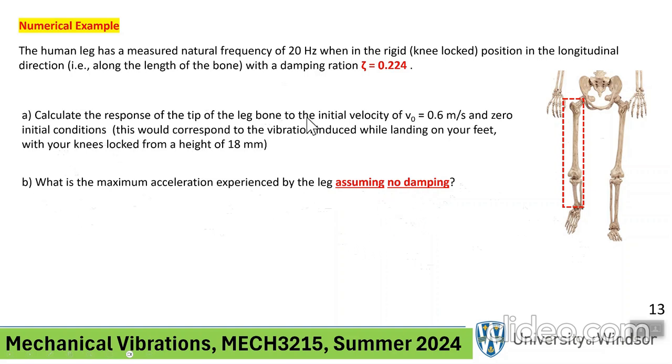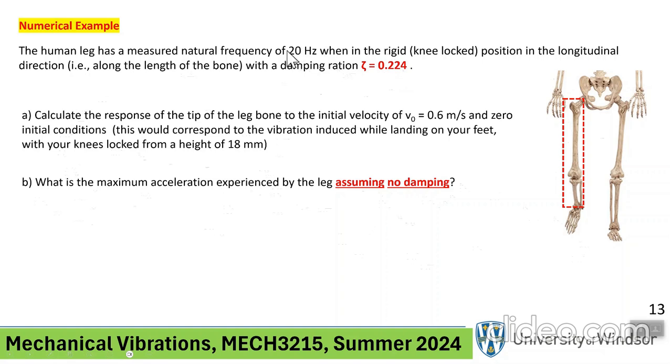Let's worry about A. So basically, you have to tell me what is the value of x of t as a function of time. And we already had several slides. You go back 2 slides ago, the whole thing was given. If you're dealing with zeta equal to 0.224, we are dealing with an underdamped position, an oscillatory motion, of course. Now, remember, I need omega n because the solution depends on zeta and omega n.